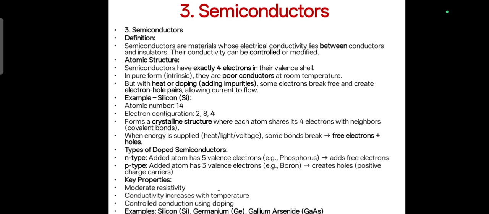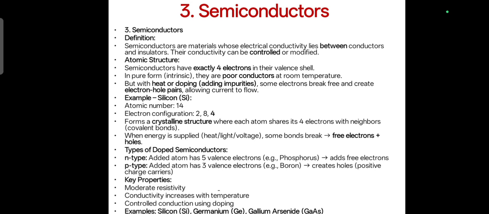An example of a semiconductor is silicon, which has atomic number 14, and the electron configuration of silicon is 2, 8, 4. So the outermost shell of silicon has 4 electrons and forms a crystalline structure where each atom shares its 4 electrons with the neighbors, that is a covalent bond.